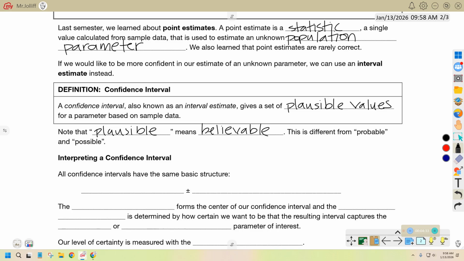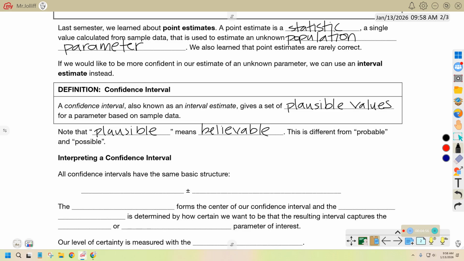Different from probable. Probable has to do with likely or unlikely to happen. Possible means the range of all values that can happen. We're talking about human height. What's the shortest a human can be? We're talking about adults. Yeah, probably the shortest person who has dwarfism, about 1 or 2 feet.